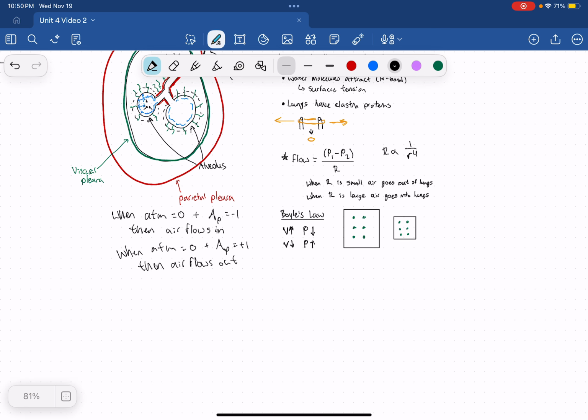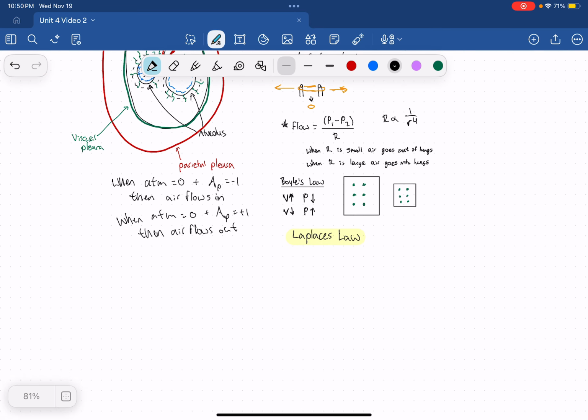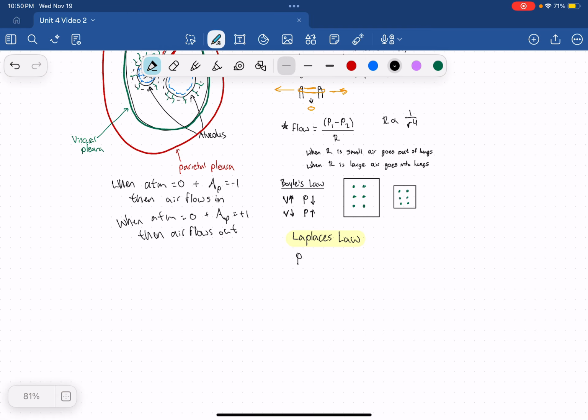I want to cover another concept. We call this concept Laplace's law. Laplace's law states that pressure is equal to 2 times the amount of tension on the lungs divided by the radius.